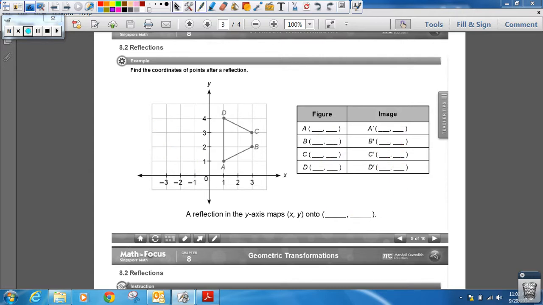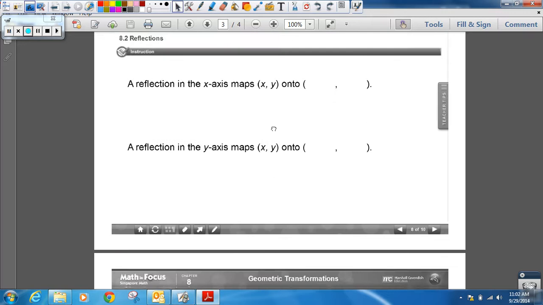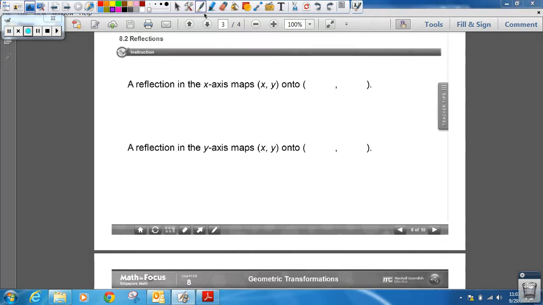So our two generalizations for reflection: the x-axis maps x, y onto x, -y, and the y-axis maps x, y onto -x, y. So those are your two generalizations for a reflection.